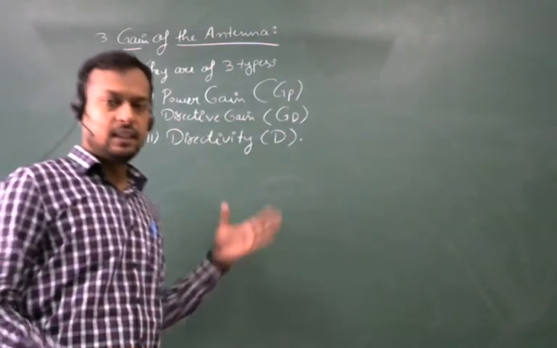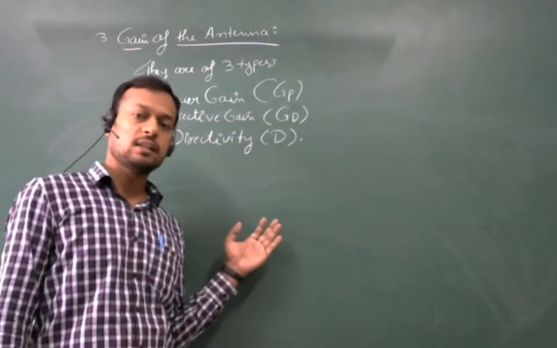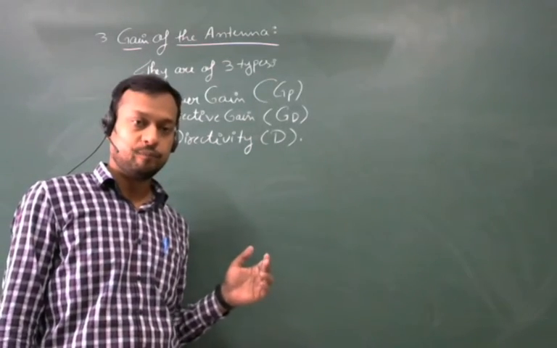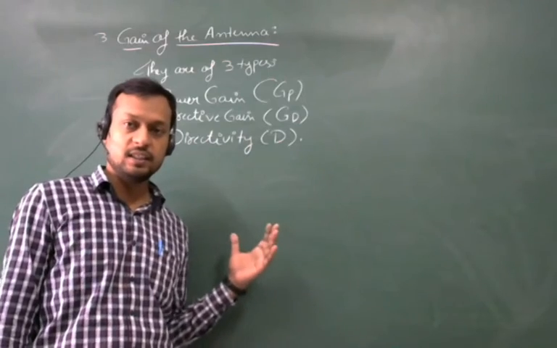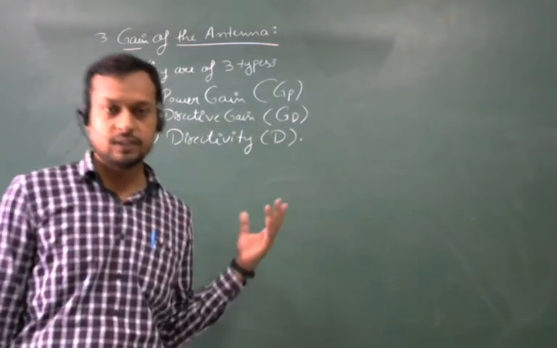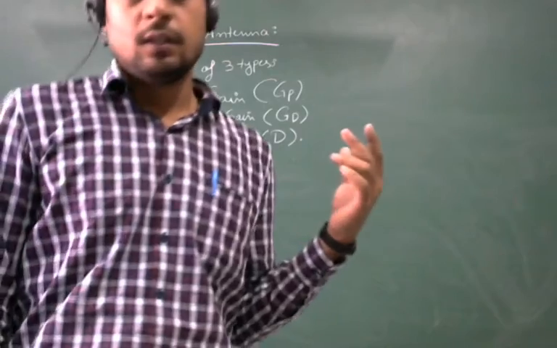All these three important parameters come under the category of the gain of the antenna. So we will see these three types of gain one by one, first starting with the directive gain.